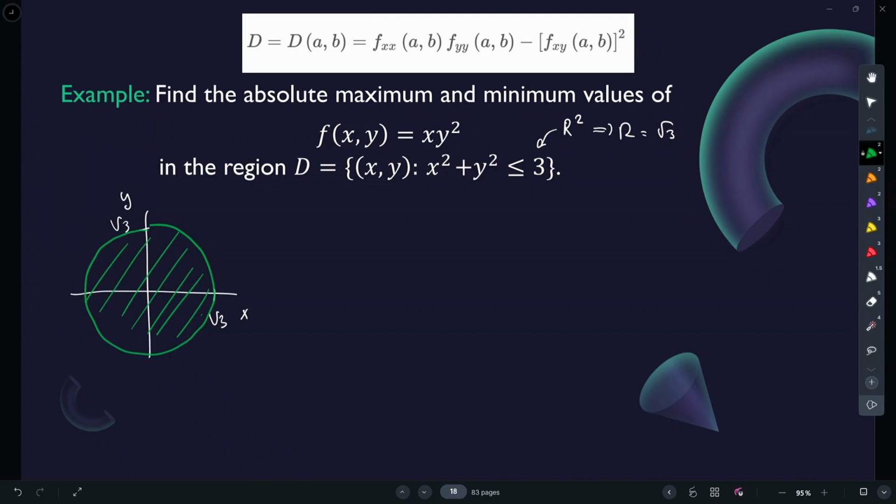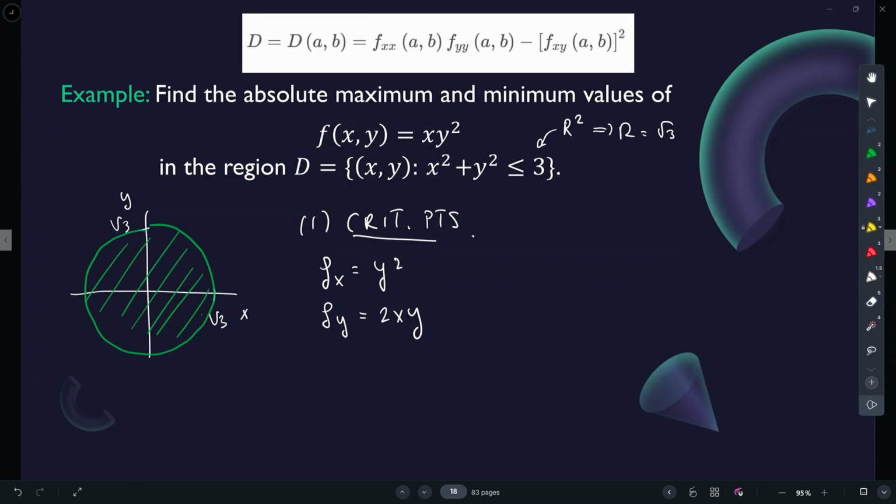So first, let's look at critical points. So 1, I'm going to look for critical points. I need to find those where the gradient vanishes. So the derivative with respect to x is y squared. The derivative with respect to y is 2xy.